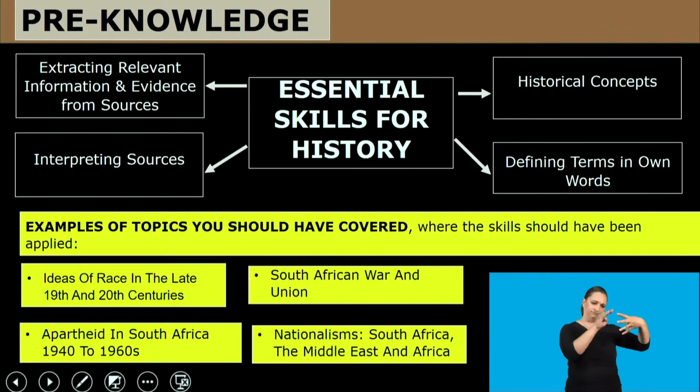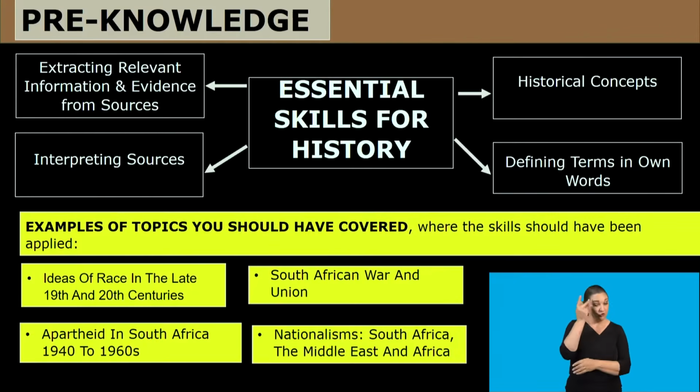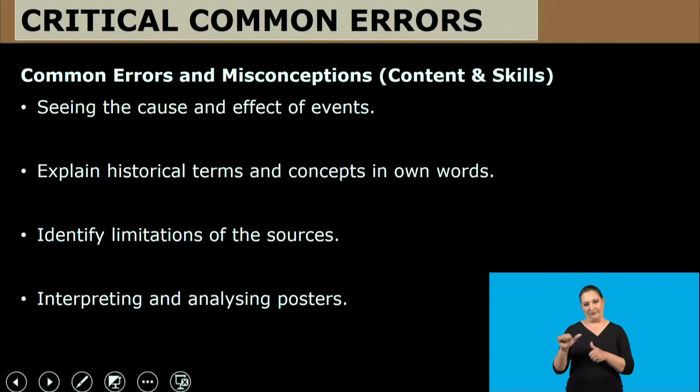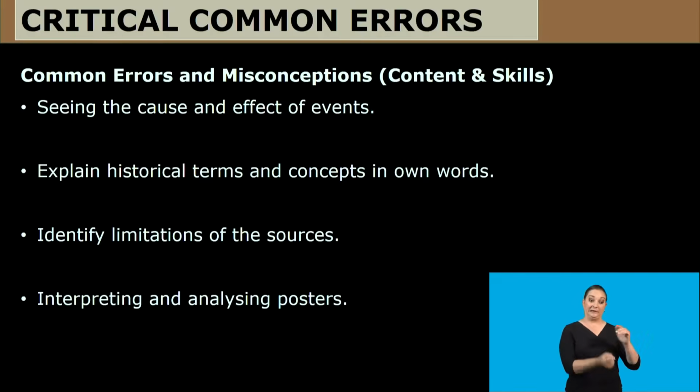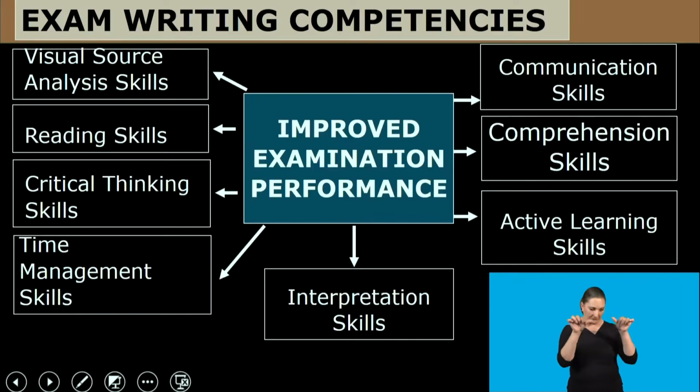There is also prior knowledge that you should have from your other grades, like grade 10 and 11, in order to understand this theme. Very important that you understand cause and effect, explain historical terms in your own words, identify limitations of sources, and interpret and analyze posters.